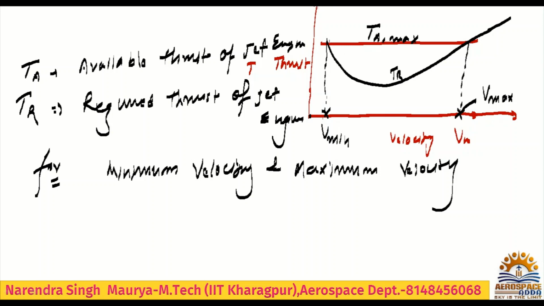You can check that at both places the curves cut each other. Any curves intersecting at a particular place have equal values there, meaning available thrust is equal to required thrust. That's the meaning of it. I hope you understood now.